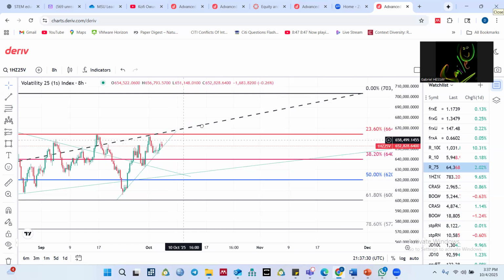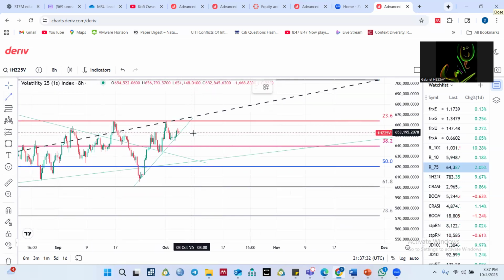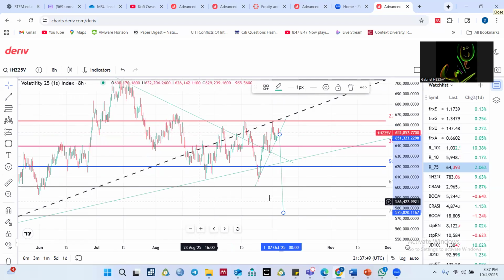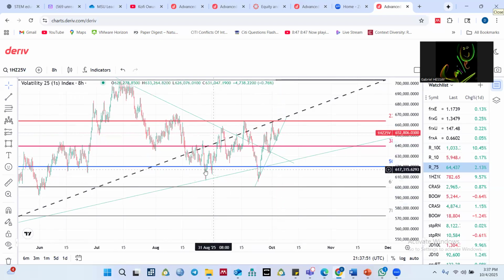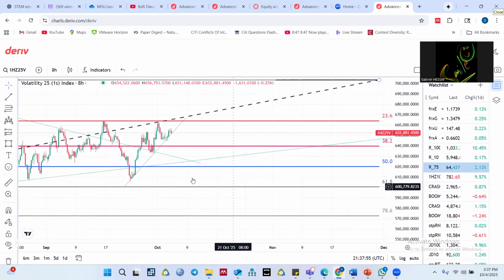So two things: either it drops to retest 50 and then goes up, or it drops, breaks the trend line, and keeps dropping.